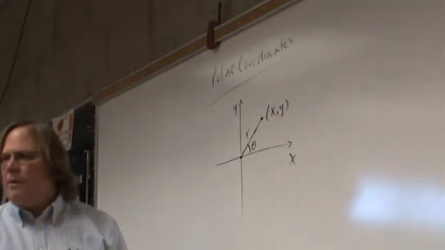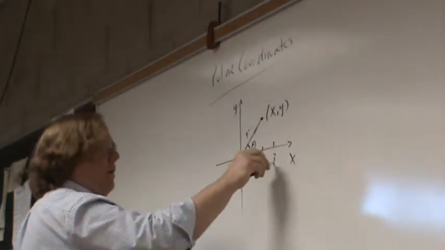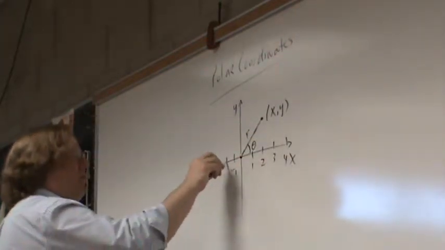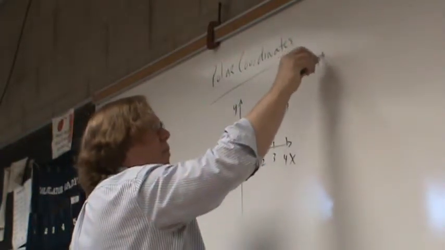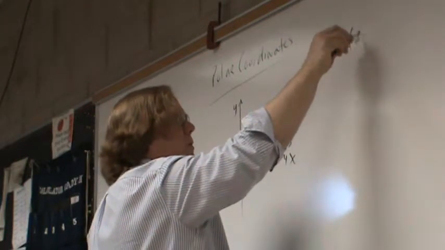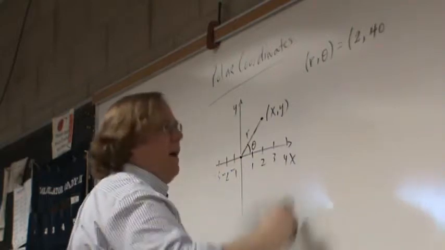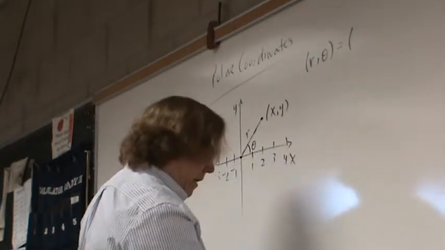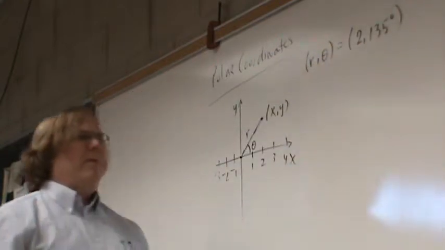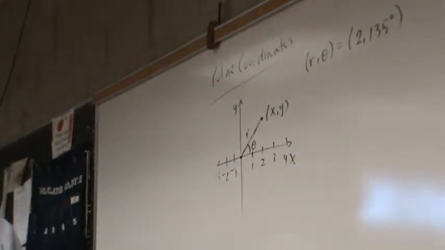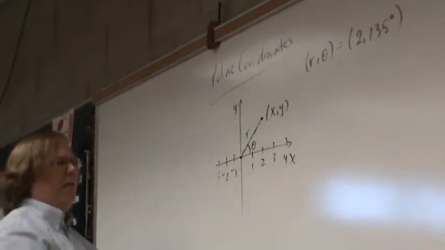So if someone said, hey, Mr. Shana, I want you to graph the point r comma theta equals 2 comma 135 degrees, I'd say, okay, I'm going to make a stick, and that stick is going to have a length of 2.